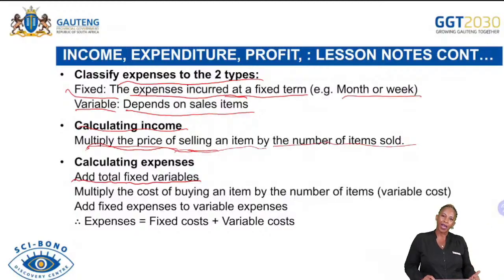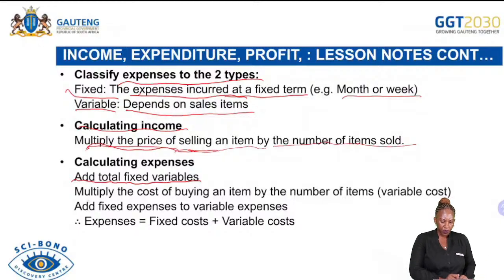But if I order the bread 3 times a day, for every delivery it will be 200, 200, 200. So on that particular day, how much am I going to pay? 600 rand. And that 600 is a fixed expense for delivering the bread, plus the rental one. So those are my fixed variables.